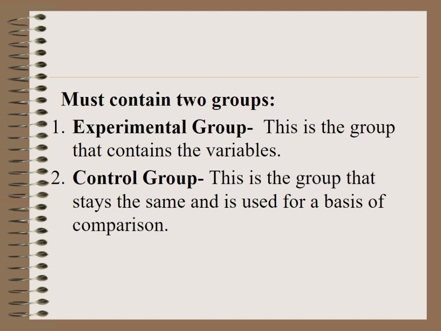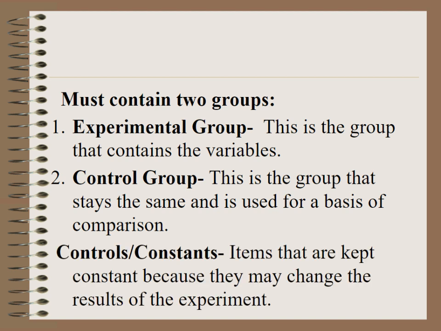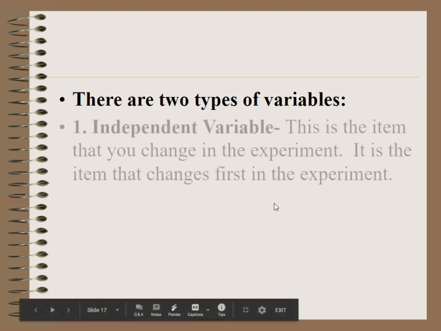Control group is the one that you are using for comparison. Controls and constants are items that are kept constant because they may change the results of the experiment. If you are testing how fast a predator can wipe out the food in a system, you don't want to add more predators to the system in order to double it. So you're just looking at that control.